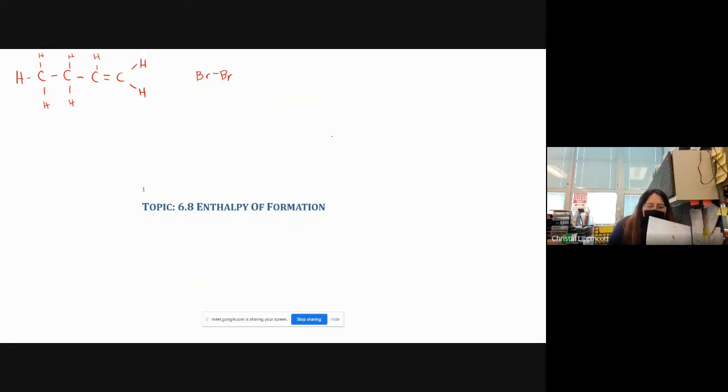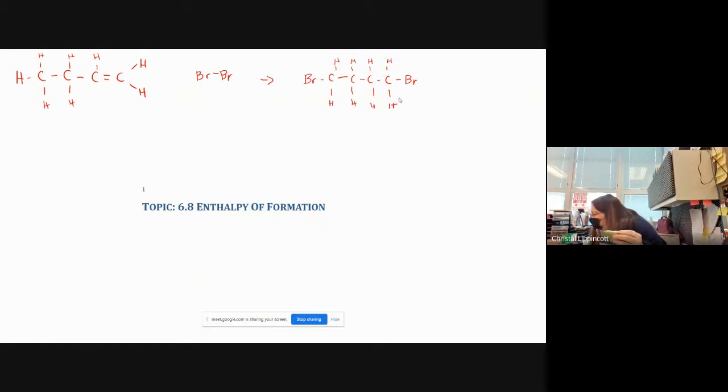Okay. And then over here, I end up with BR, C. I got 4 C's in a row, BR coming off of here, and H, H, H, H, H, H. And I think that's it, right? That's the structure drawn. Everything's good there. All right.